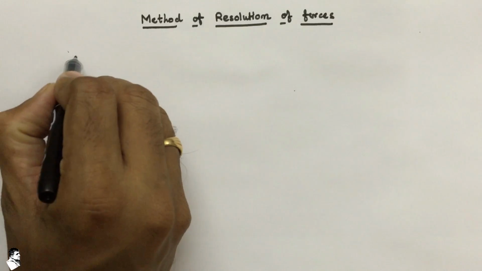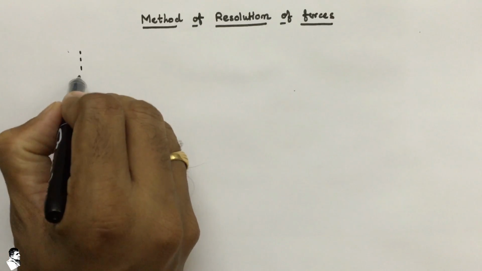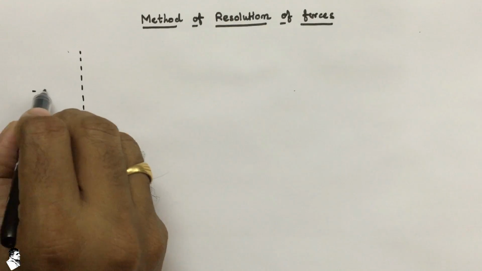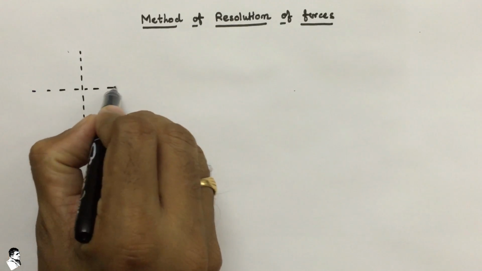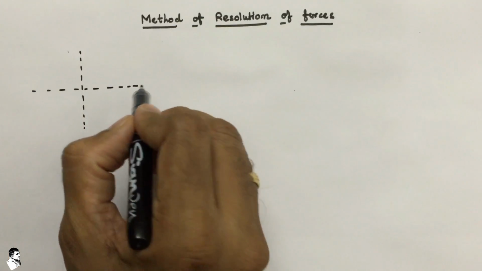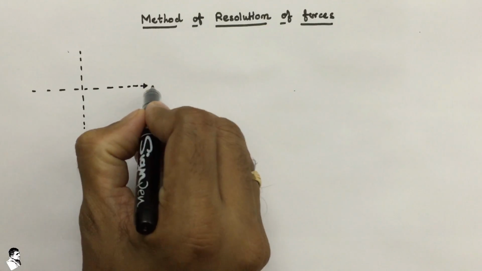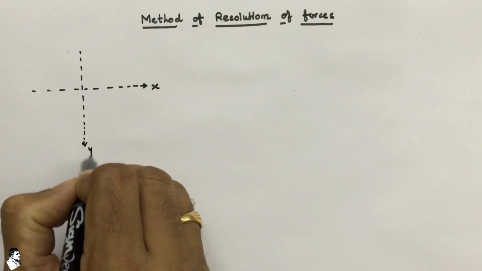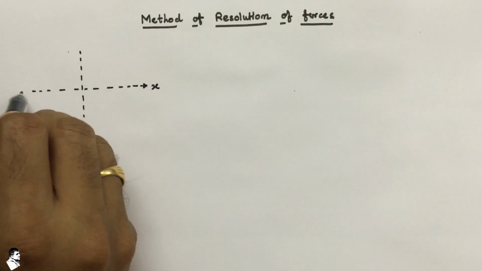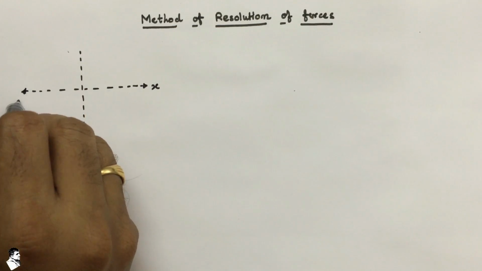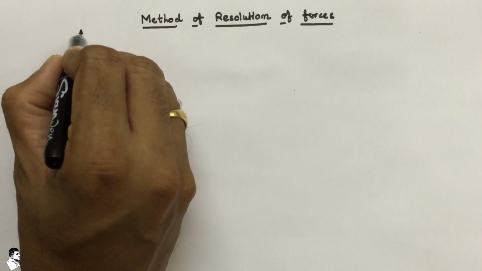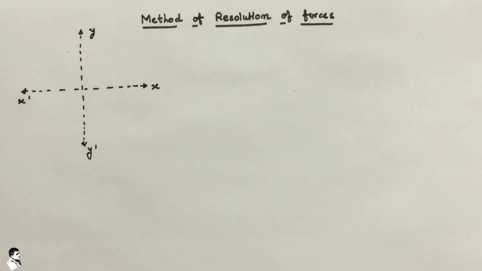Before that, we put the axes X and Y. So this is axis X, this is Y dash, X dash, and this is axis Y, right?